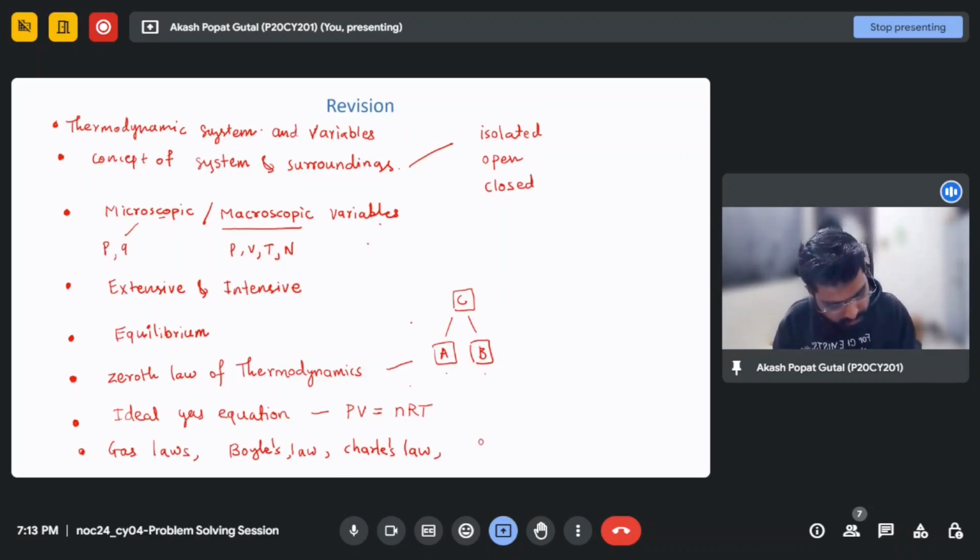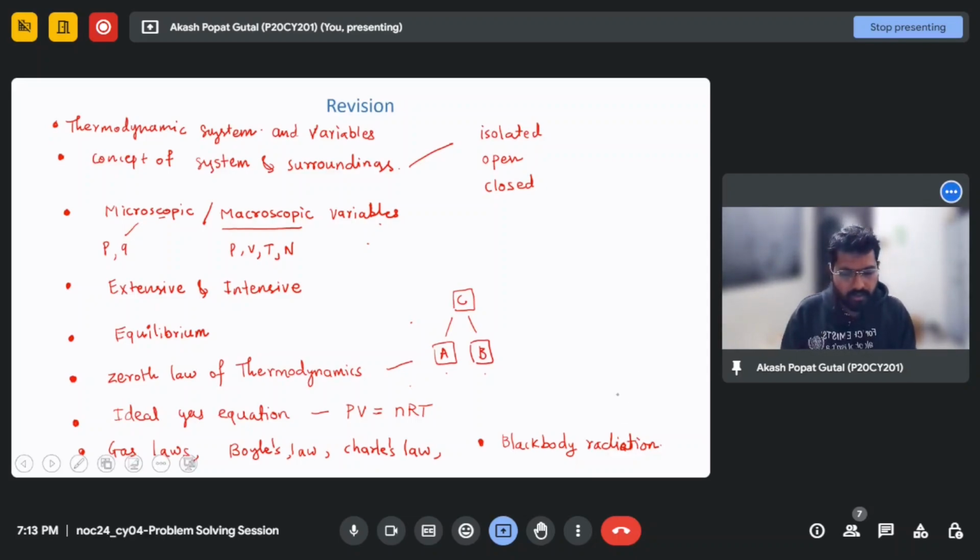And at the end, we have also seen the black body radiation. These are the revision topics that we have seen.